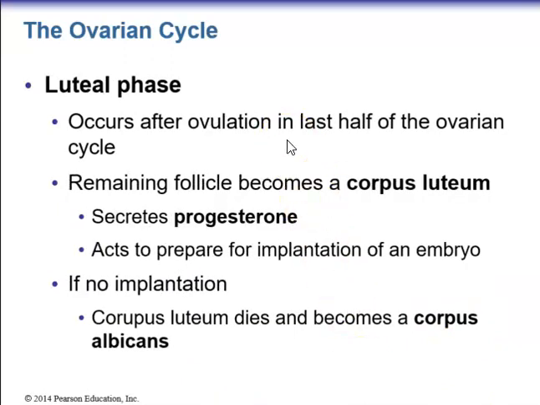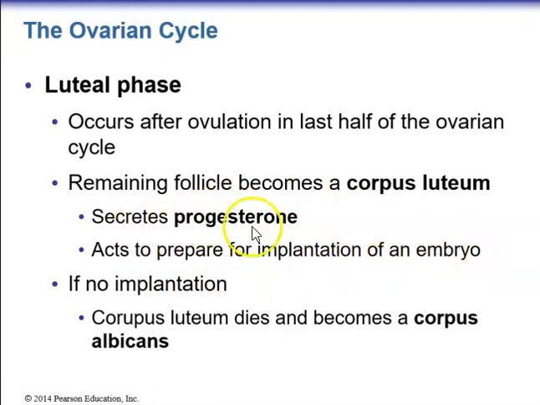The next phase of the ovarian cycle is the luteal phase. This occurs after ovulation in the last half of the ovarian cycle. The remaining follicle becomes a corpus luteum, which will secrete progesterone. This acts to prepare for implantation of an embryo.